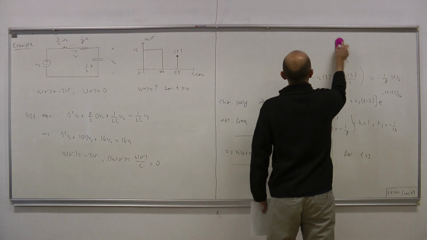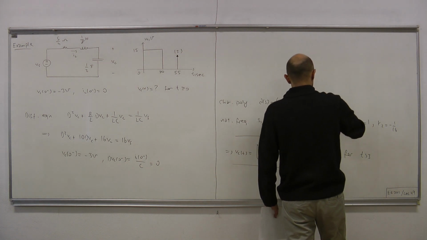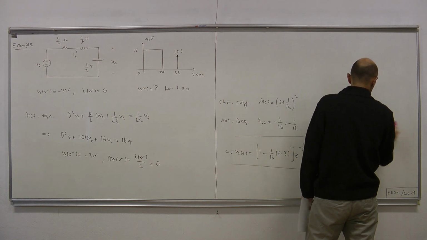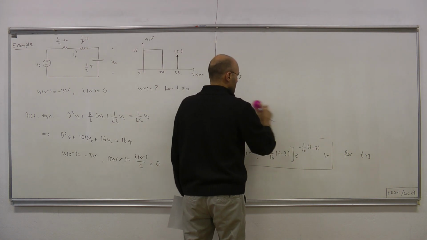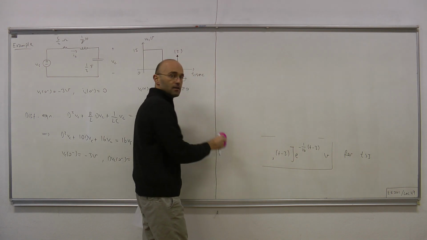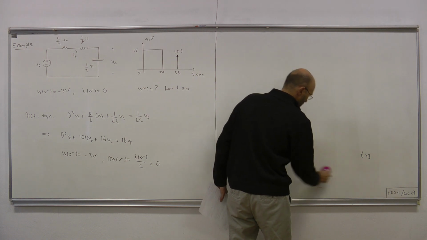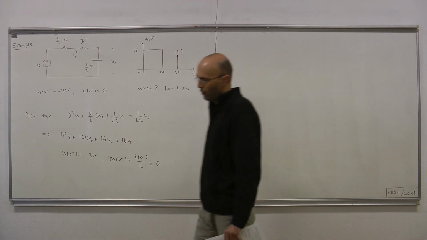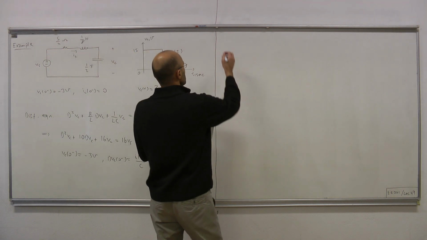So let's do the second way, meaning that we begin with the zero input response. We ignore the input and just figure out the part of the response due to initial stored energies in our dynamic components only.